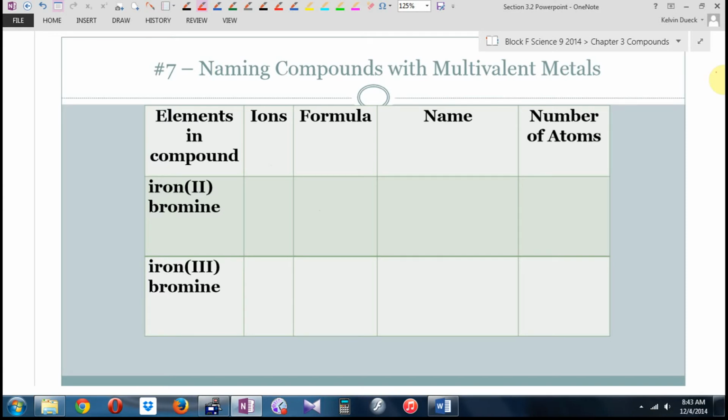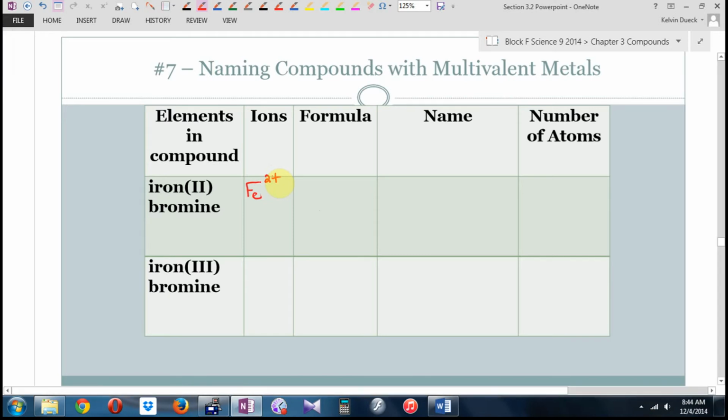So, here, they told me which charge is on iron. Which charge do they want me to use? 2+. So, ready? Where I write the ions, it's going to be iron, they want me to use the 2+. Bromine, I don't have any choice.